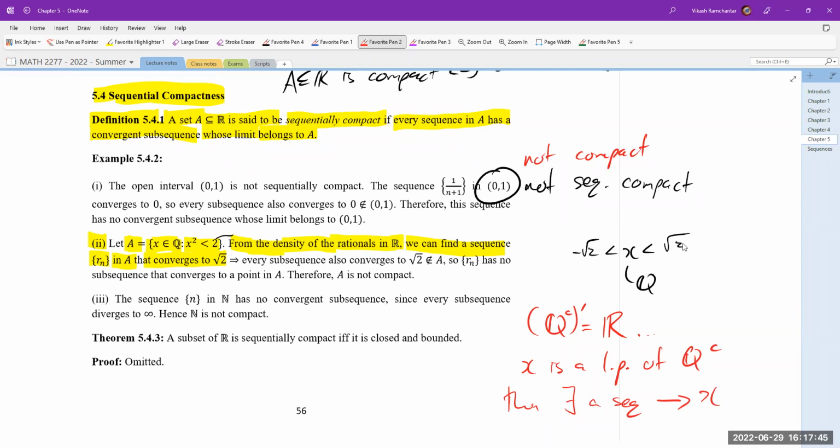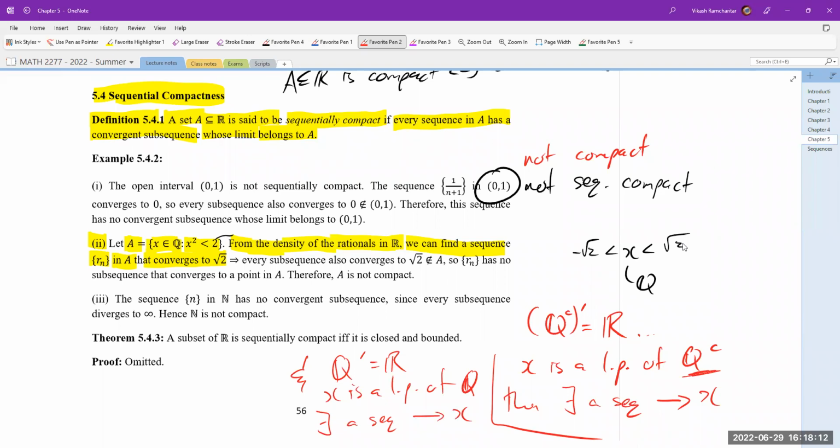So there exists a sequence of irrational numbers that converge to x. And also, since Q' is equal to R, then if x is a limit point of Q, there exists a sequence in Q, so a sequence of rational numbers, that converges to x. So this is what they're using.